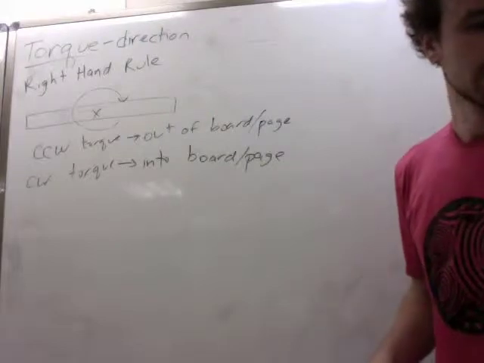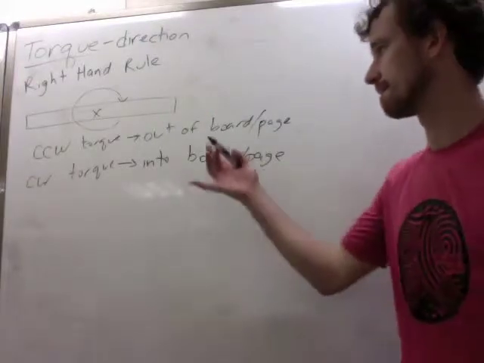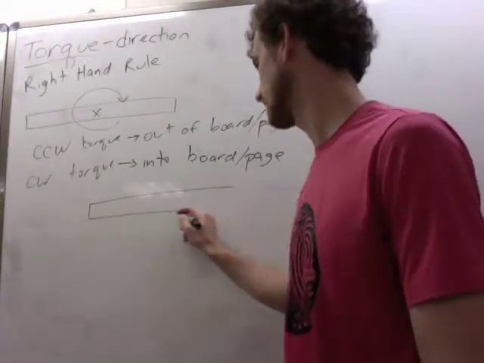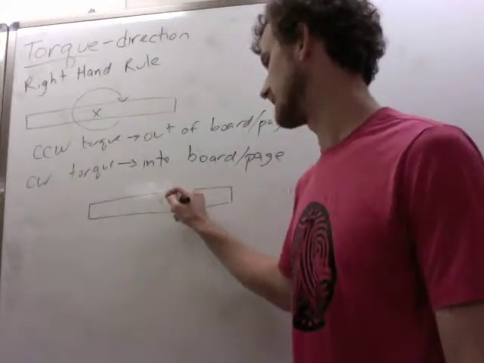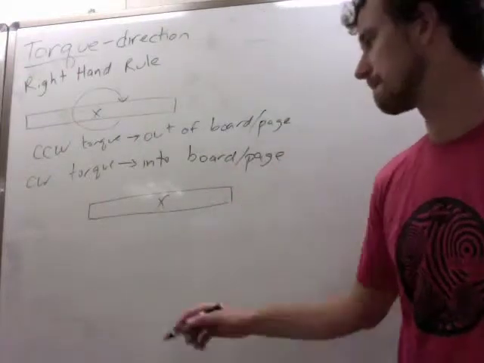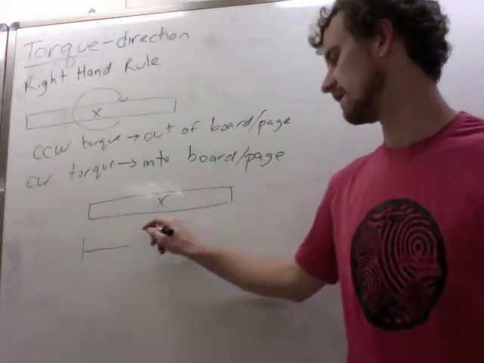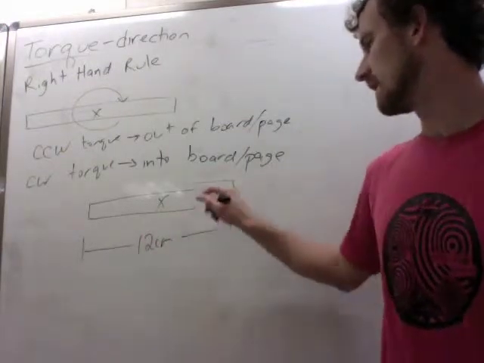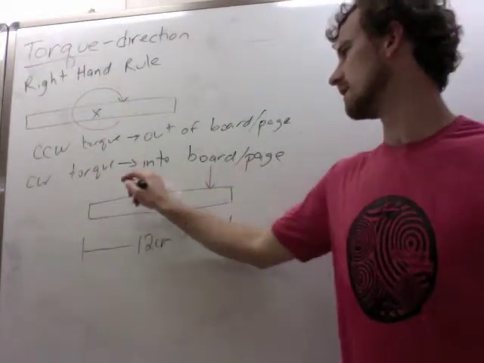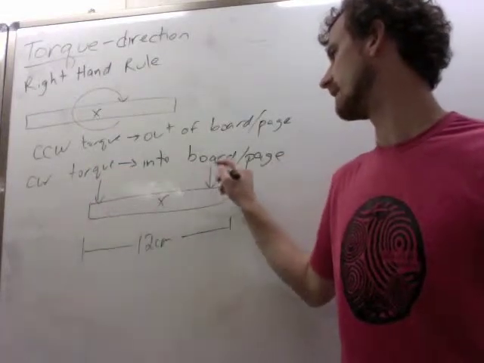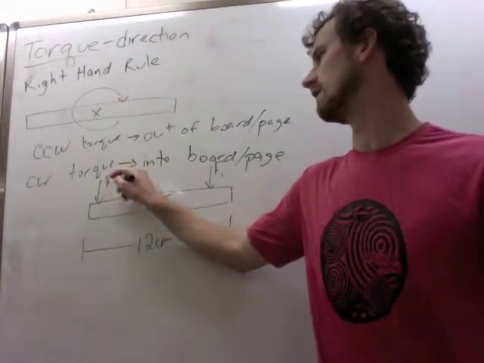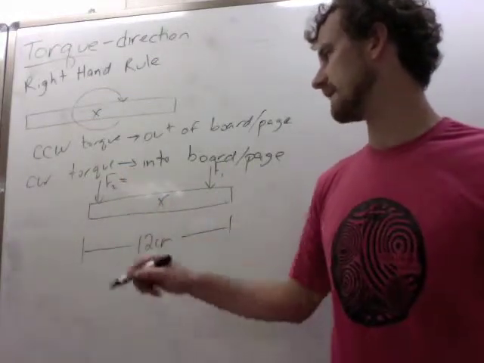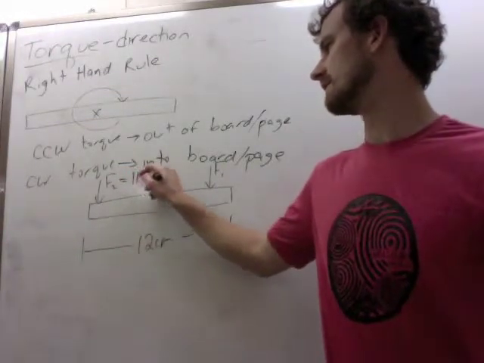All right, let's say we have this rod, and it has an axis of rotation that goes through its center. Let's say this rod is 12 centimeters long, and let's say we have two forces acting on the rod, F1 and F2. F2 has a magnitude of 11 newtons.